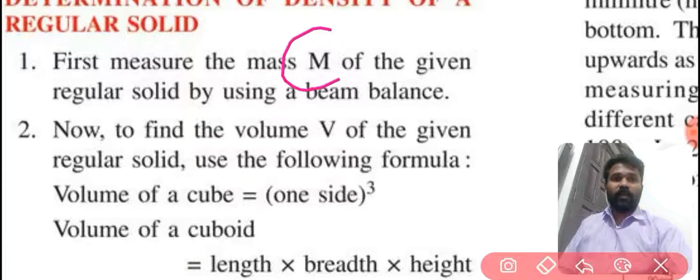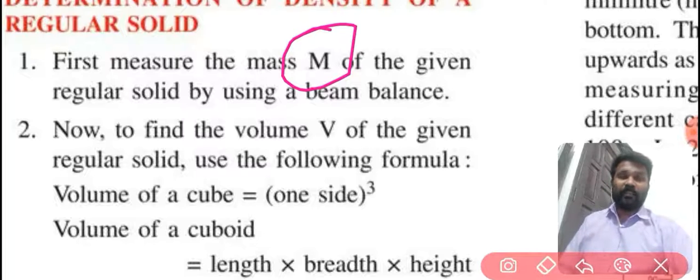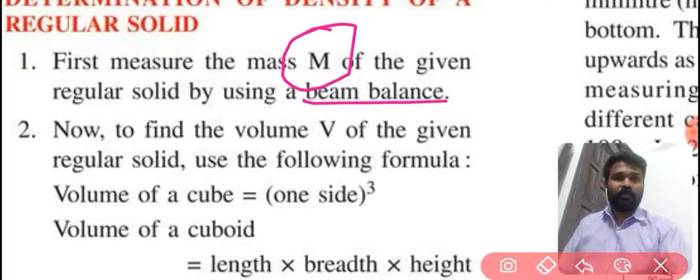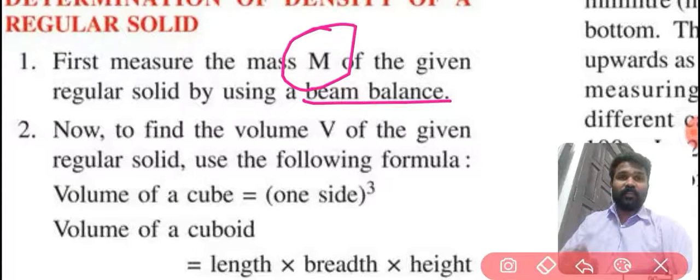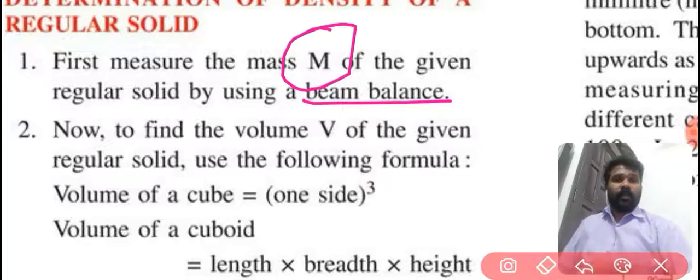Find out the value of m, mass, by using a beam balance. In 7th class we have discussed this point. First of all, to find the density of a regular solid, we have to find the mass m by using the beam balance.